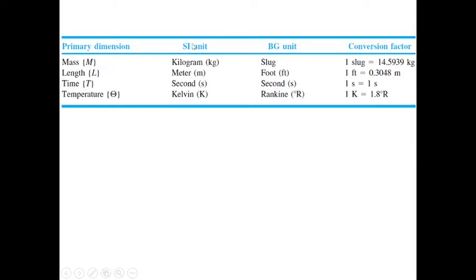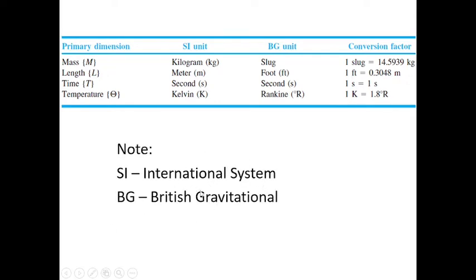Then SI unit, okay? So we have SI and BG unit. What are those? When we talk about SI unit, this is international system unit. BG unit, British gravitational unit. Okay? So we will consider here two types of units, no?